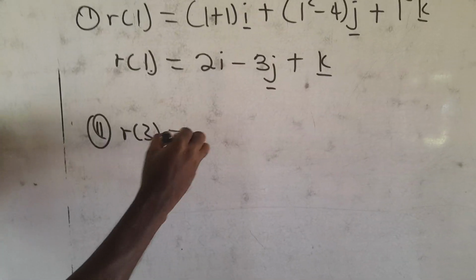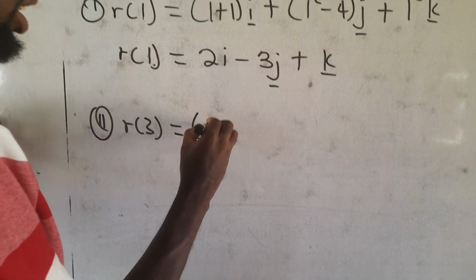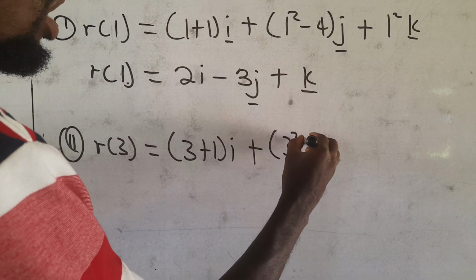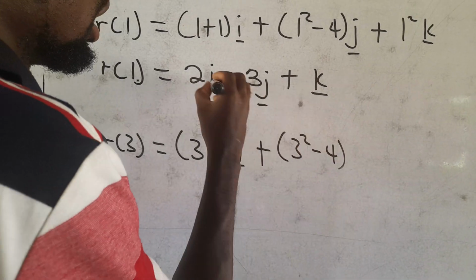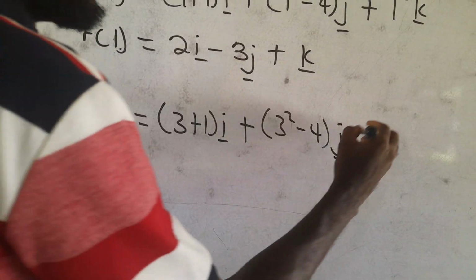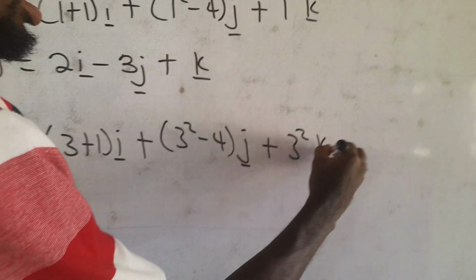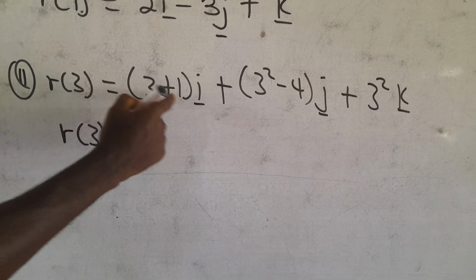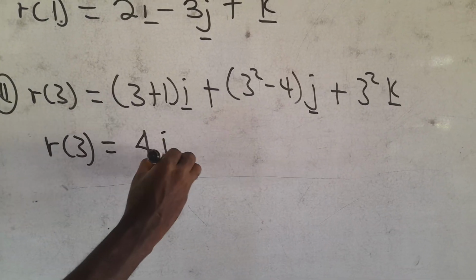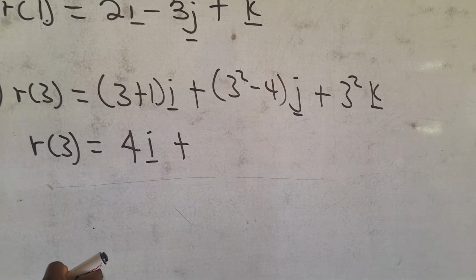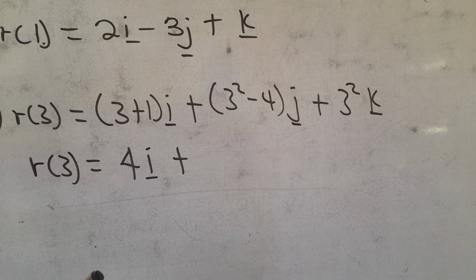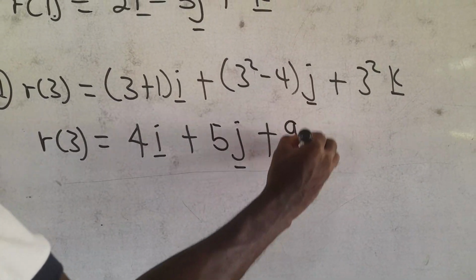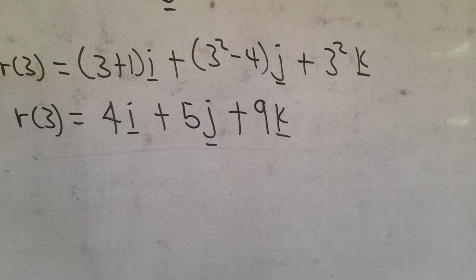So substituting 3 in place of t in the r of t, we'll get 3 plus 1 in the i direction, then plus 3 squared minus 4 in the j direction, then plus 3 squared in the k direction. So our r of 3 will be equal to 3 plus 1 is 4, so 4i, then plus 3 squared is 9, 9 minus 4 is 5, so 5 in the j direction. Then 3 squared there is 9, so we have 9 in the k direction.